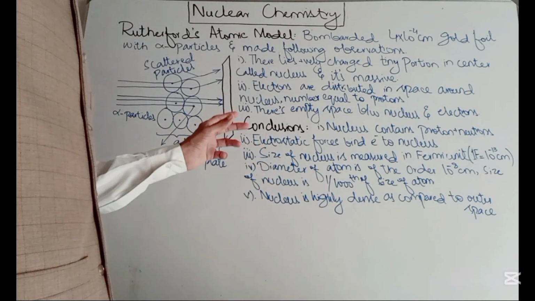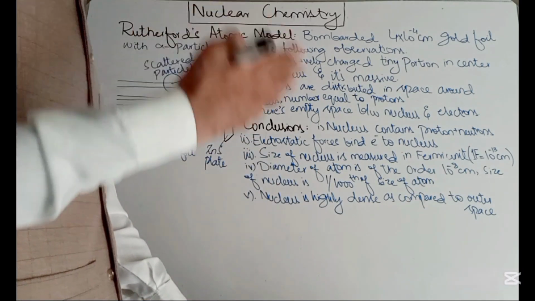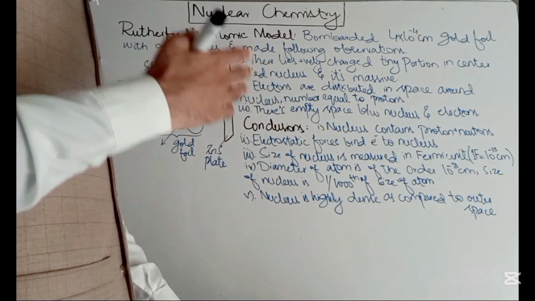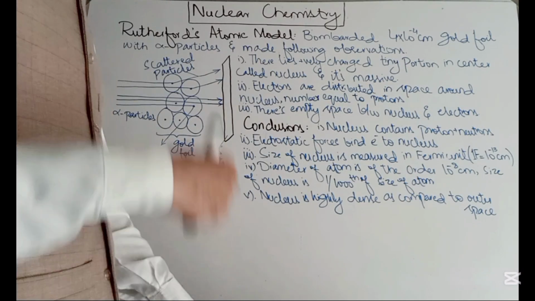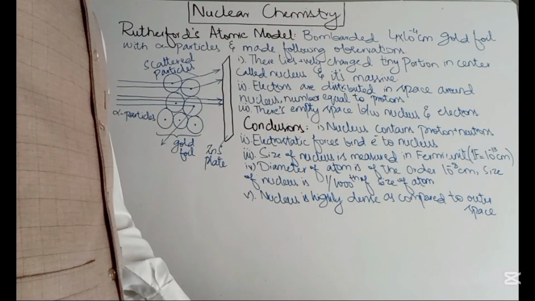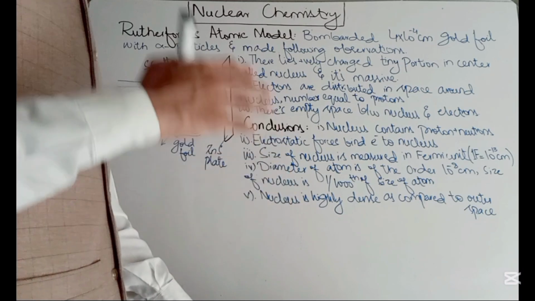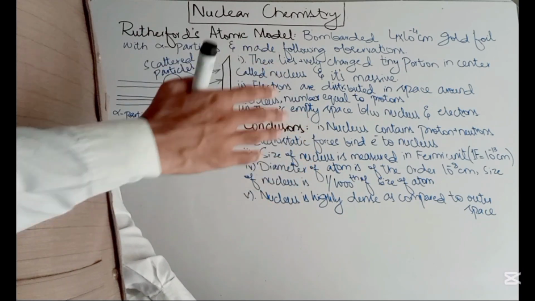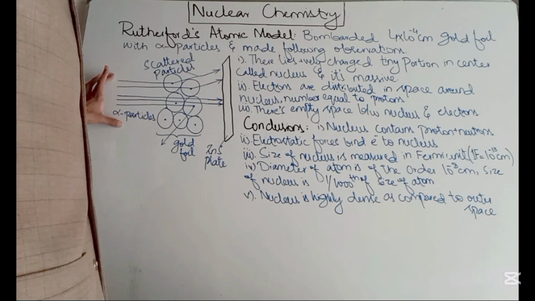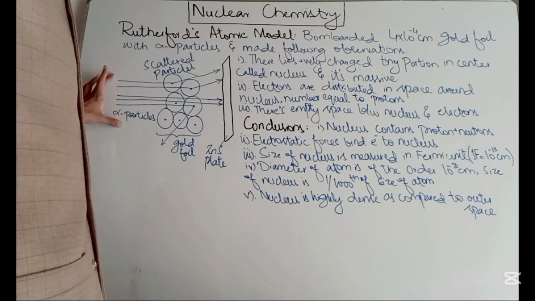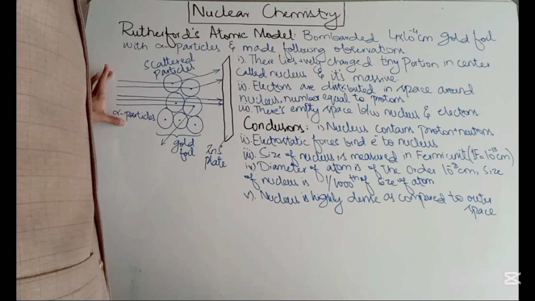He made the alpha particles fall on the gold foil, and then a screen, or you can say a photographic plate, was kept on the other side of the gold foil in order to detect the alpha particles and trace the path of the alpha particle. These were the alpha radiations that were produced from the radioactive source.